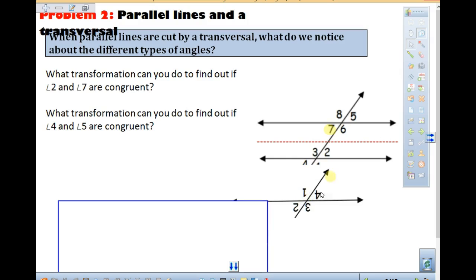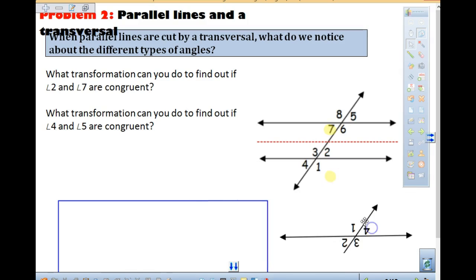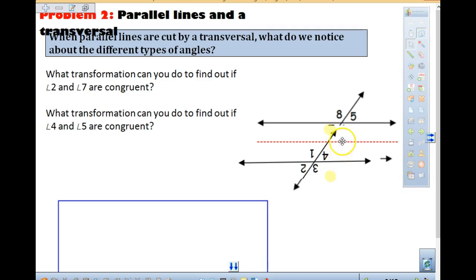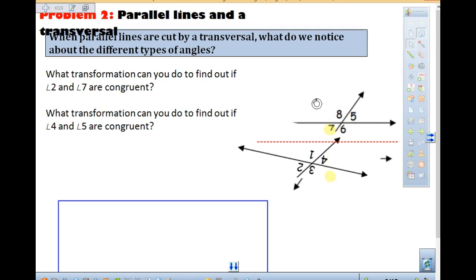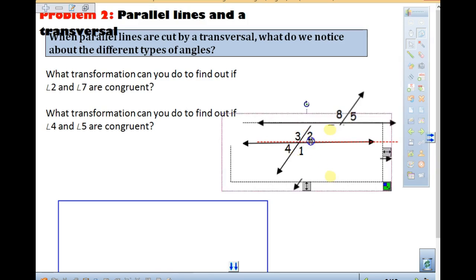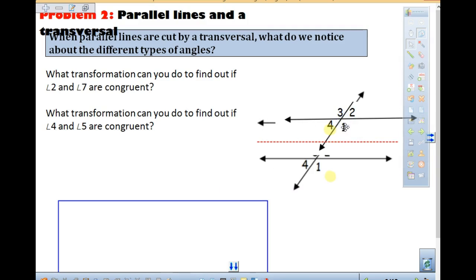So, what you need to know about this is that these two angles, 2 and 7, if we were looking at those, right? Because this was our picture, right like this, and we turned it around, right? Okay?